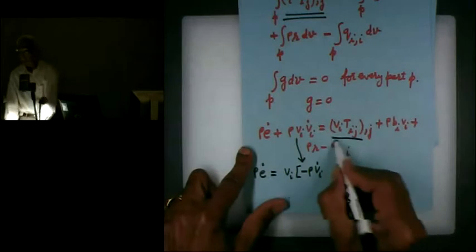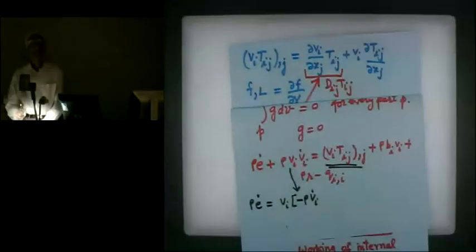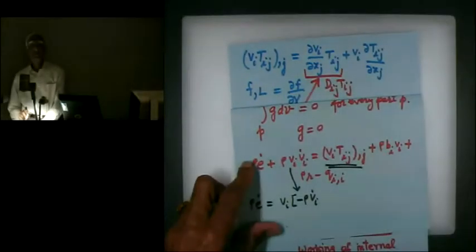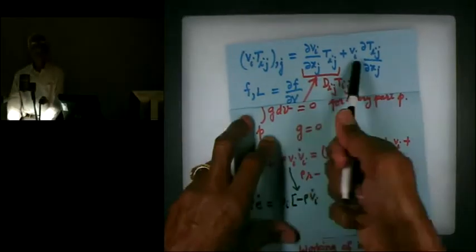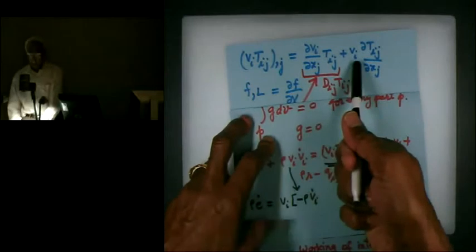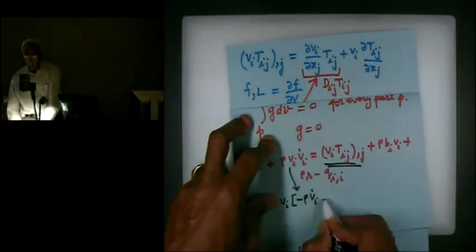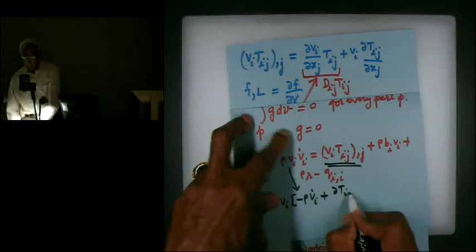And this term we just saw is the sum of these two. This has a Vi in it, which I took outside, so I'm going to write that as delta Tij over delta Xj.